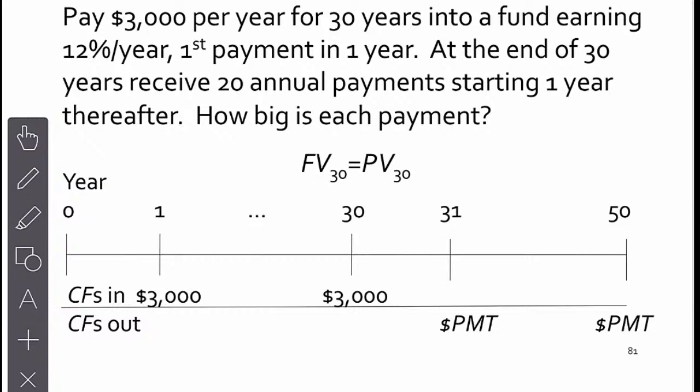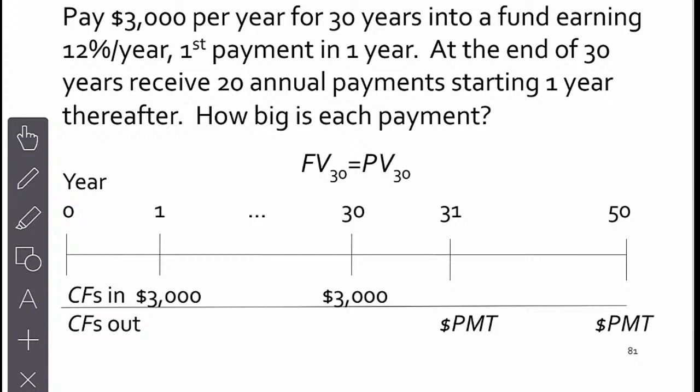The timeline is from the perspective of the fund. So the cash flows into the fund will be $3,000 at the end of each year till the 30th year.